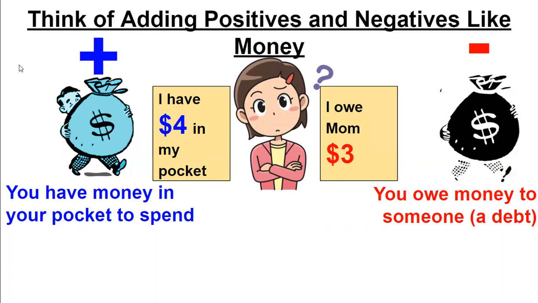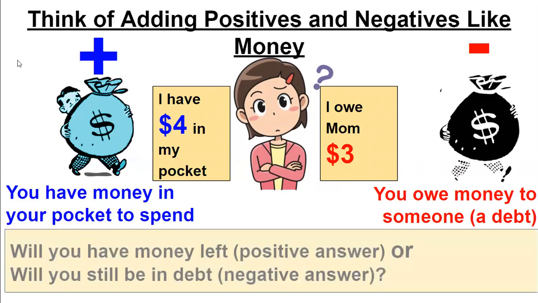Okay, she says, I have $4 in my pocket, but I owe Mom $3. Is she going to be in the positive, or is she going to be in the negative? Exactly, she's going to be in the positive. How much?